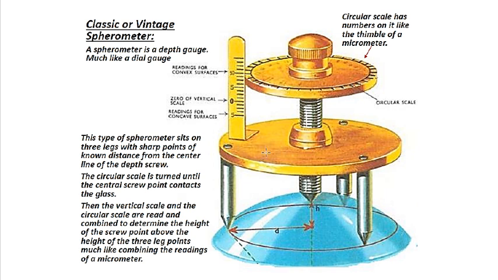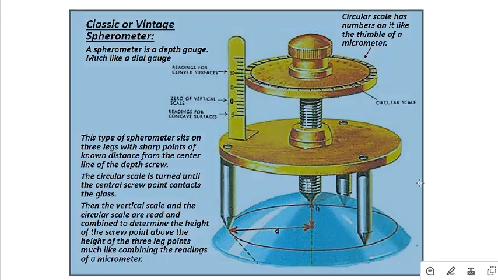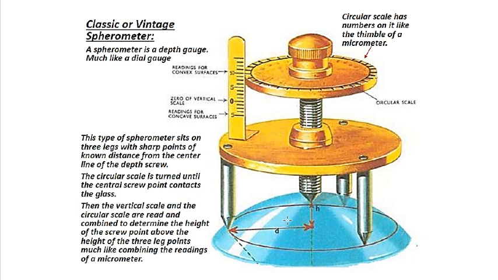But this is a very old type of spherometer, your classic or vintage spherometer. This type of spherometer is going to sit on the object that you want to measure, like that. You can see the legs of this spherometer sitting on that object.